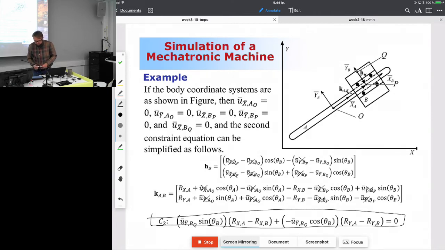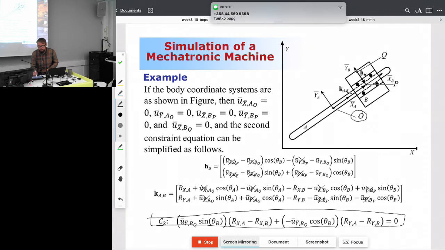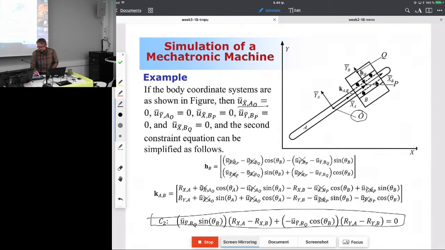Okay. So what are the simplifications that I did there? I know that this is actually the origin of the body reference coordinate system, so it allows me to use this substitution. So vector U bar associated to this point will have 0 values, and P is also located in the center of the body coordinate system, so I can use these values here as well.